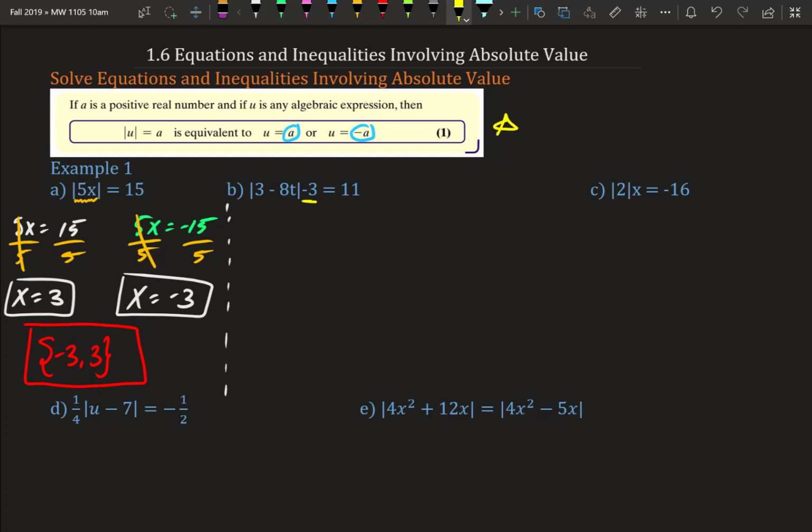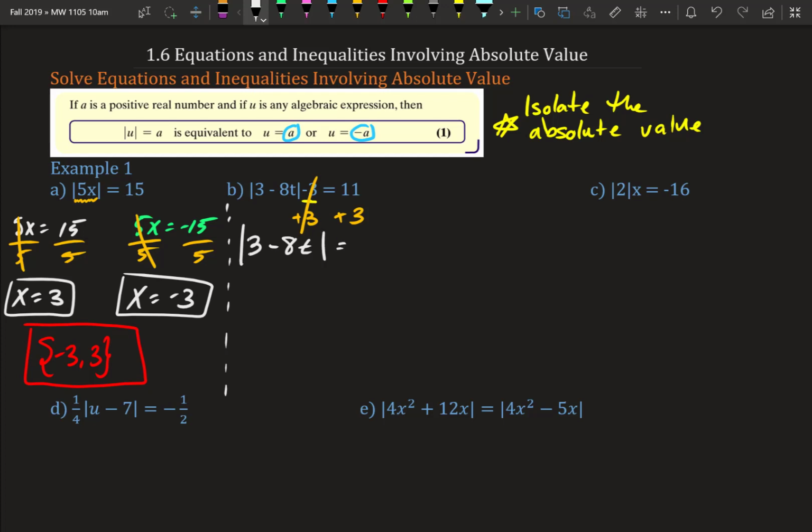I'm going to put a little star right here and say isolate the absolute value, meaning get it by itself. So in order to get it by itself, I'm going to add 3 to both sides. And when we do, we have 3, the absolute value of 3 minus 8t equals 11 plus 3, which is 14.